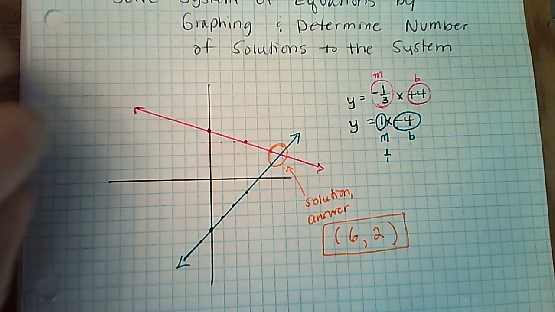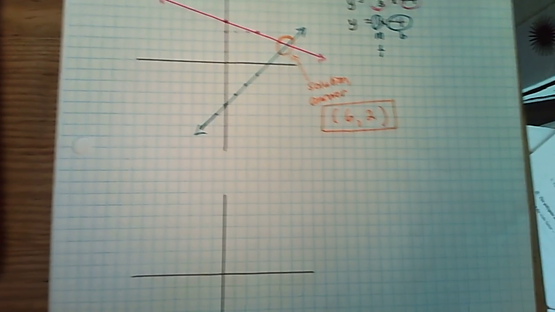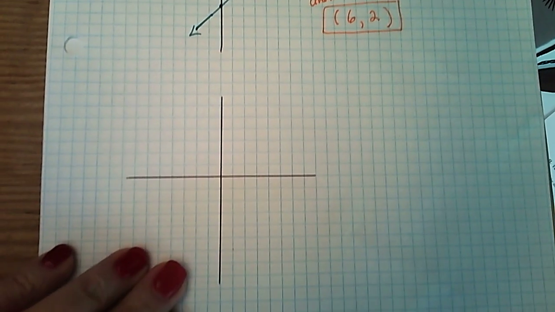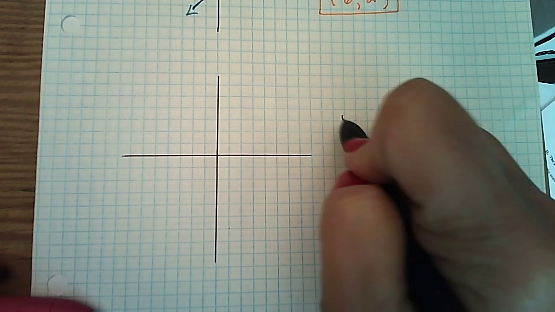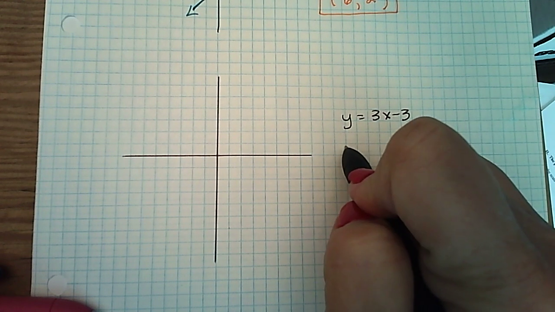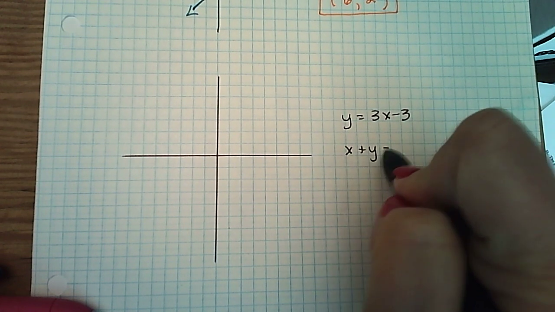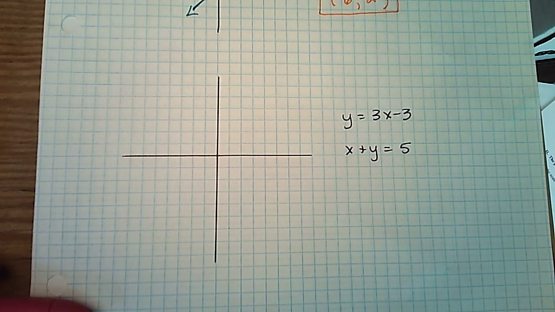Seems pretty easy. So let's try one more. All right, so let's pick two other equations. This one says y equals 3x minus 3. And my second equation is going to be x plus y equals 5. Now again, you're going to choose how you want to graph it.